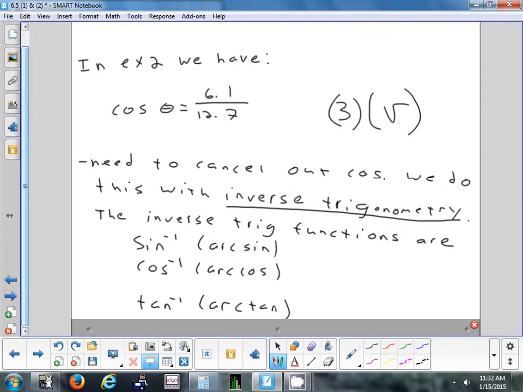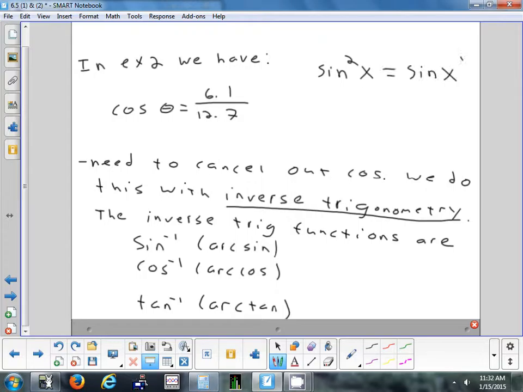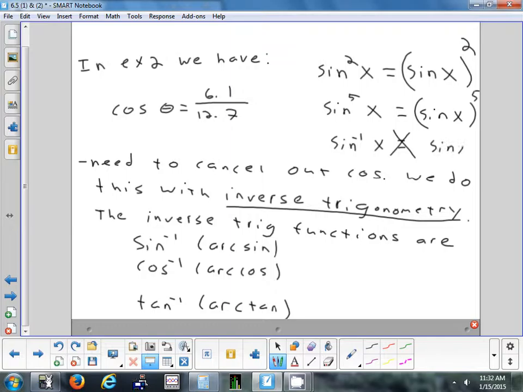Now, what's slightly confusing about this notation is that -1. That -1 is not an exponent. Okay? If you put any other number there, it is. So if you write something like sine squared x, this means sine of x squared. If you write sine to the 5th x, it means take the sine of x, raise it to the 5th power. If you write sine to the -1 of x, it does not equal this.